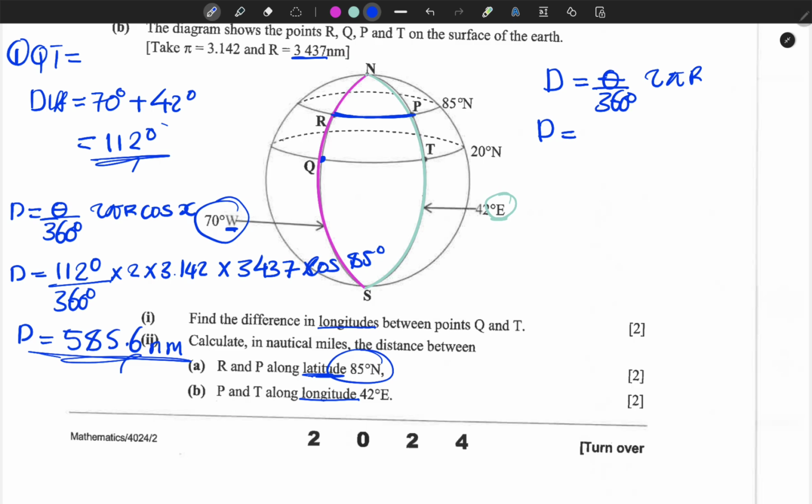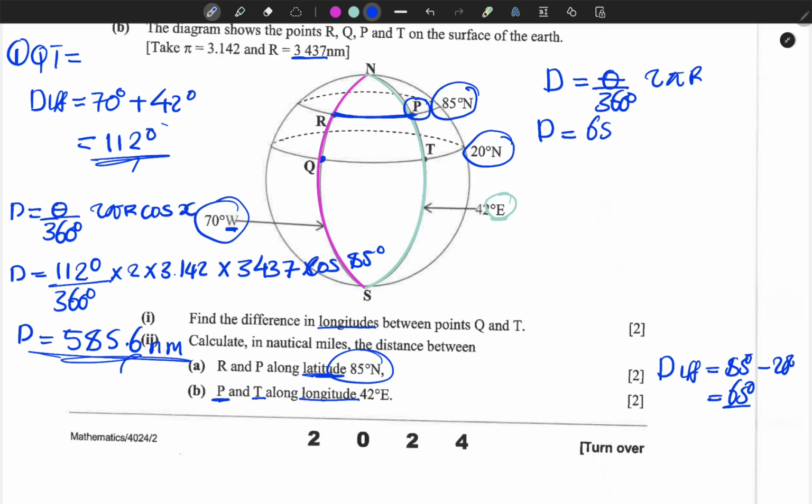So what is the latitude for P? Let's go where P is. So the latitude for P is 85 degrees north. What of T? 20 degrees north. Since they are both located in the northern part, we need to subtract. So difference is equal to 85 minus 20. So this gives us 65.